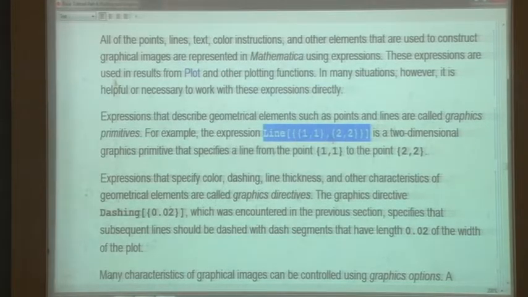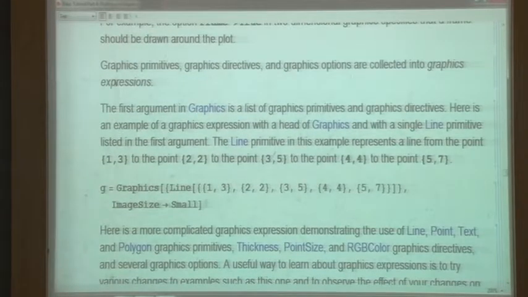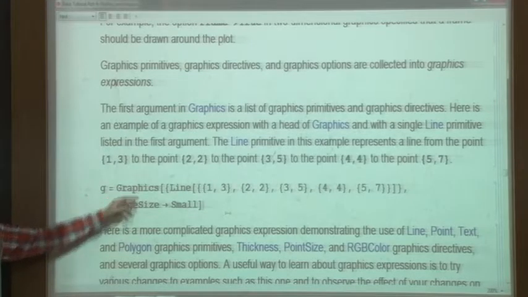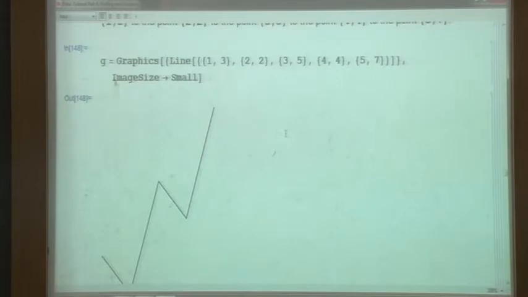But to display that, we will need to say that that's a graphic. Let's take a look. So this is the idea, right? I create the line, so this line is going to go from 1, 3 to 2, 2, then to 3, 5, then to 4, 4, then to 5, 7, right? And I need to tell Mathematica that I want to display that, so I use the command Graphics. And then I say that the image size should be small. There you go.